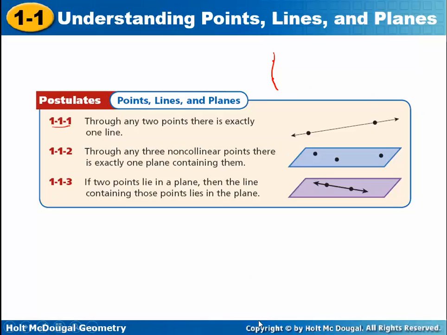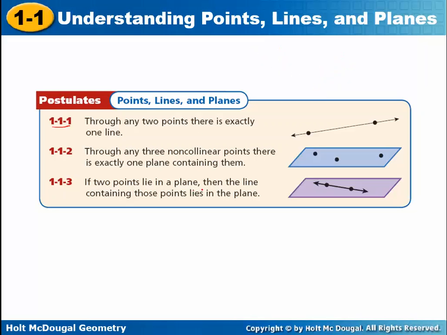That is not a very good line, but through any 2 points, there's exactly, I can't draw a straight line. My freehand lines are terrible. But there's only one line that would go through any 2 points. Through any 3 non-collinear points, there's exactly one plane containing them.